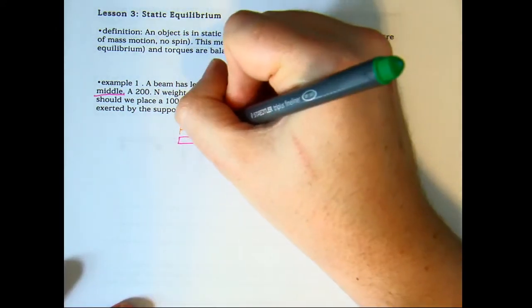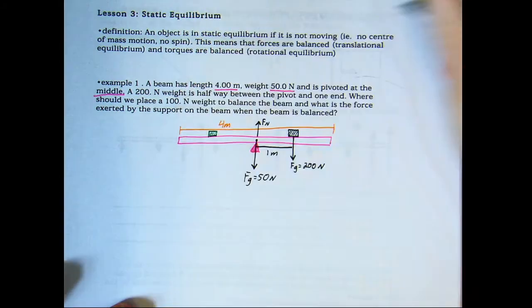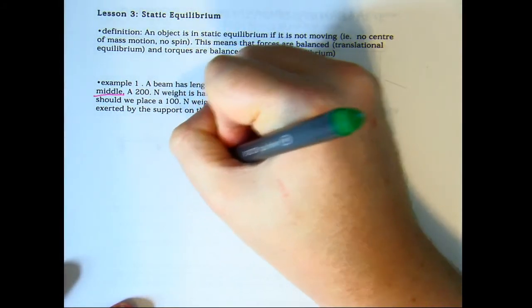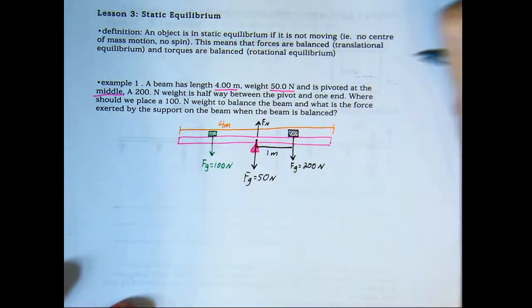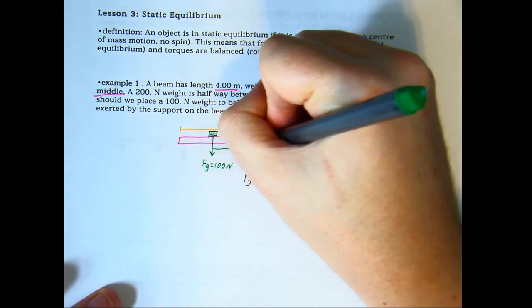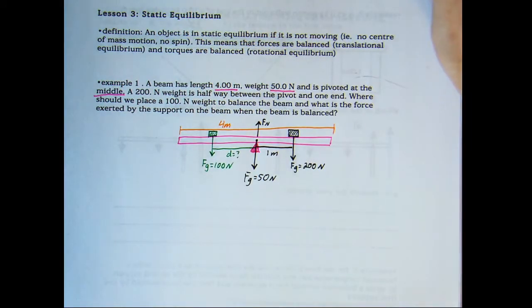So we're going to have to put an object over here somewhere. We're told it has a weight of 100 newtons, and we want to know what this distance here is. I think we've got everything.